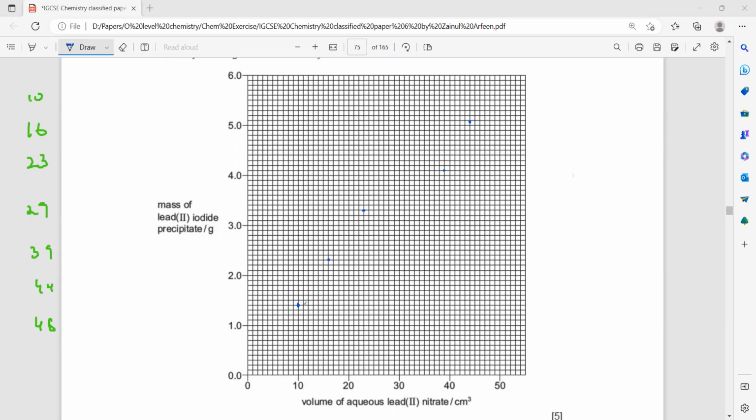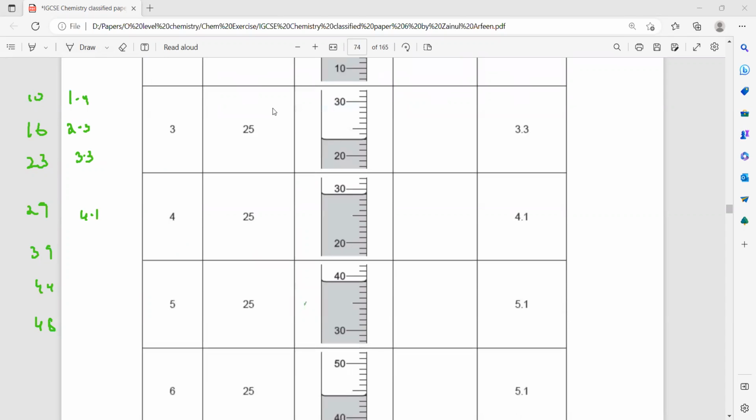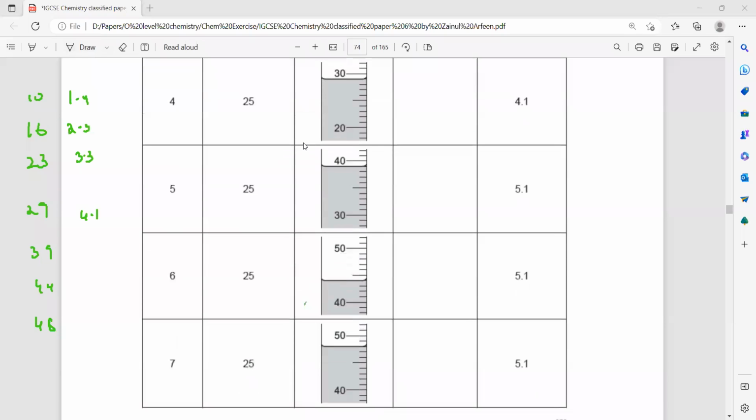The masses were 1.4, 2.3, 3.3, 4.1, and three of them are 5.1.